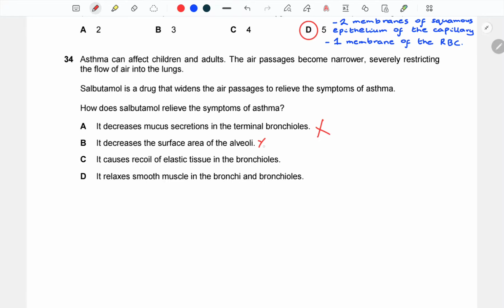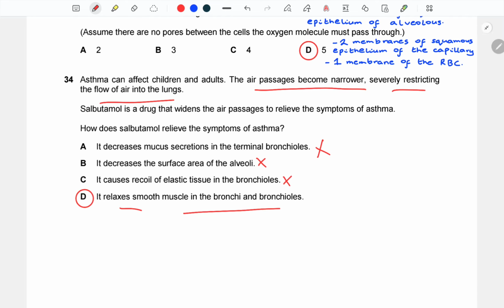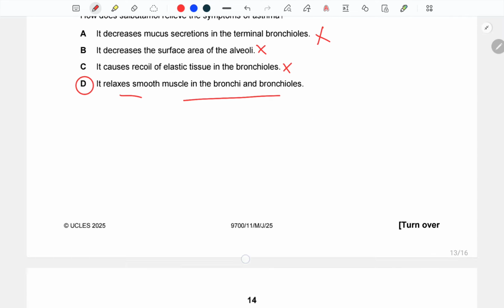A high surface area is vital for ventilation. It causes recoil of elastic tissue in bronchioles. That's also wrong. And it relaxes the smooth muscles of bronchi and bronchioles. This one is correct. Relaxation will cause the air passage to become wider, and it will reduce the restriction of the airflow into the lungs. Hence our answer for 34 should be D.